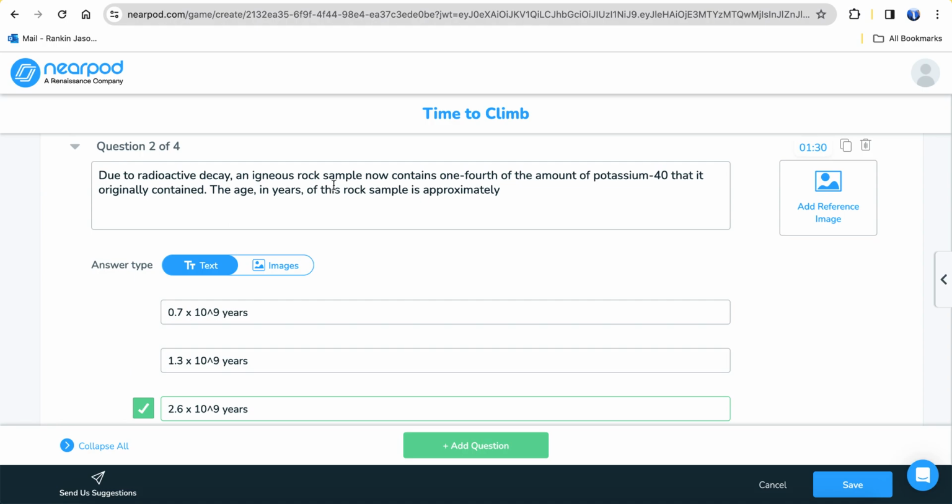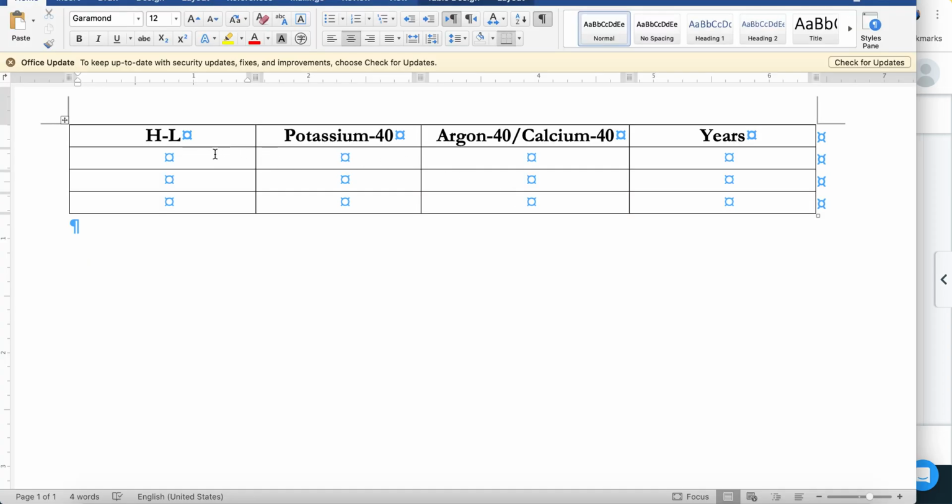So the sample now contains 1/4 of the potassium-40. At 0 half-lives, 0 years have passed.